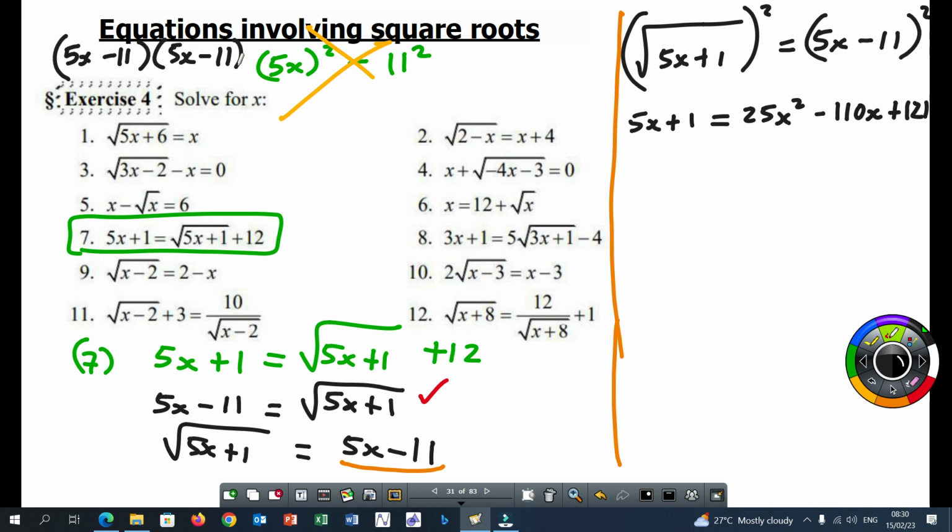The middle term will be 2 times the product of 5x and 11. So if you multiply 5 times 11, you get 55, times 2, you get 110. Then the third term of the trinomial is a perfect square. You just square the 11, but you must put a plus here. Here we must have a minus because of this minus.